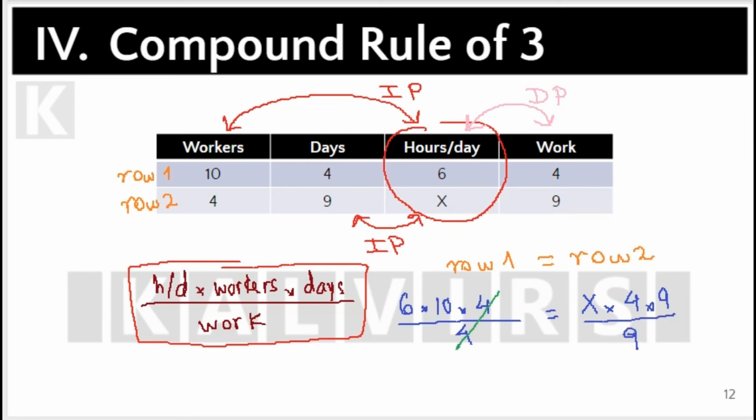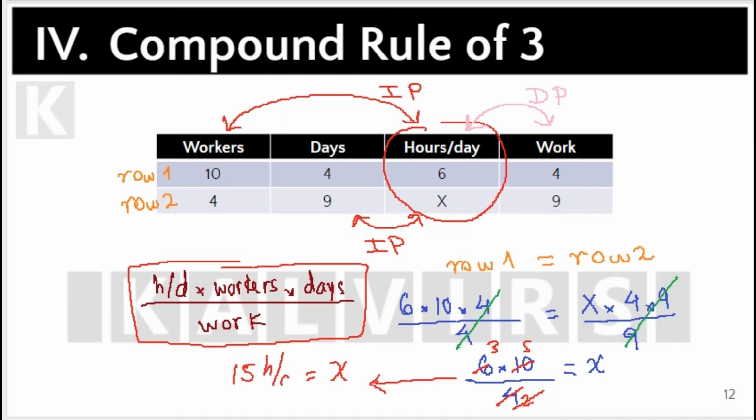We can do the following. Cancel this one and this one. And find the value of x. X equals 6 times 10 over 4. Again, cancel this one and 3 finally. X equals 15 hours per day.